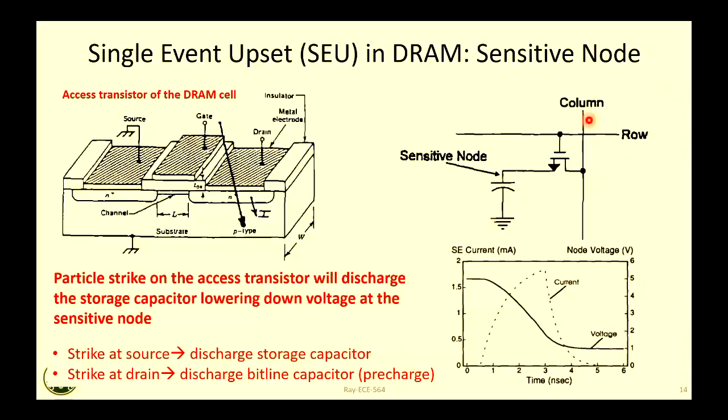It is because the precharge voltage of the bit line can be messed up. You precharge that bit line to VDD/2 and see whether it is discharging or not. So that can happen through this strike also. But predominantly it is a 1 to 0 error.